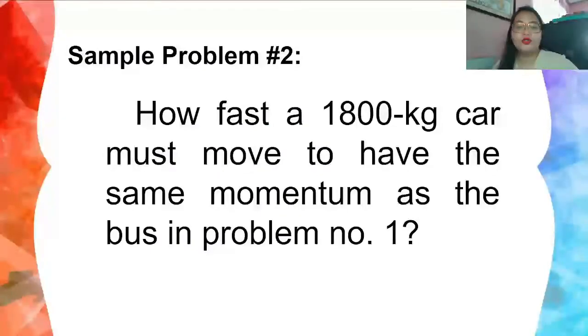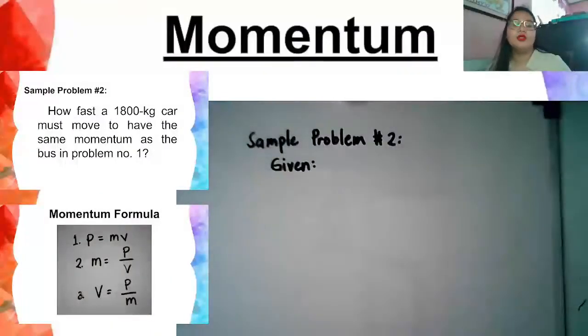Sample problem number 2. How fast must a 1,800 kilogram car move to have the same momentum as the bus in problem number 1? So in sample problem number 2, the given is a car, okay, with a mass of 1,800 kilogram. Now, the question is, how fast should the car move to have the same momentum as the bus in number 1?